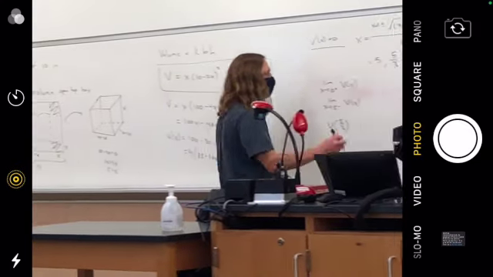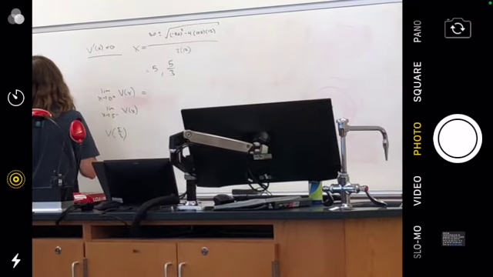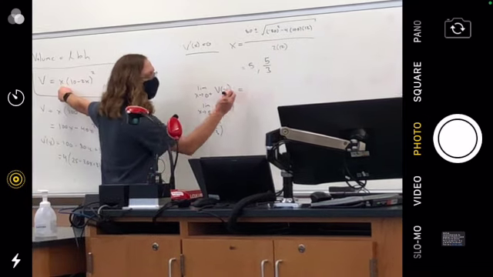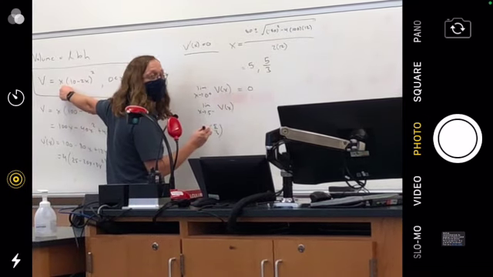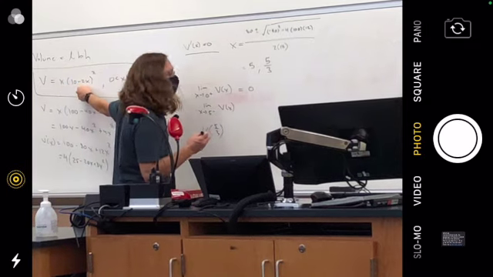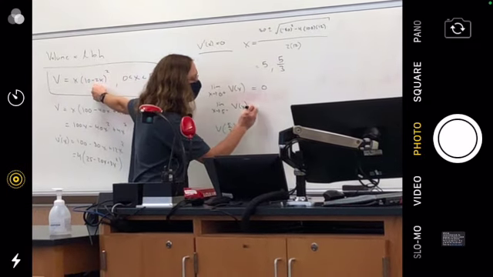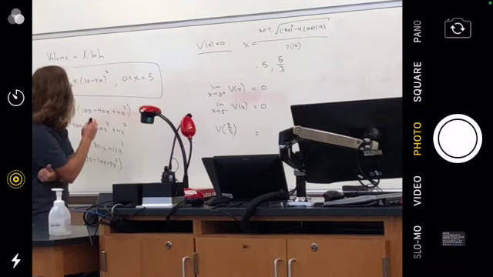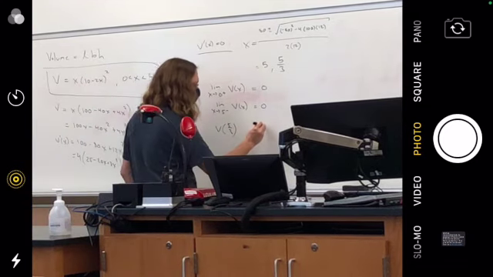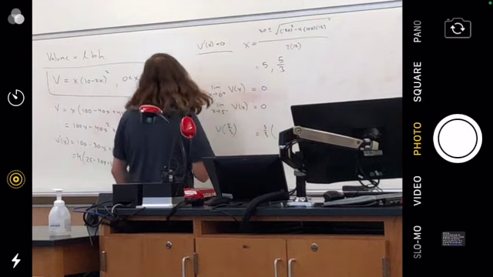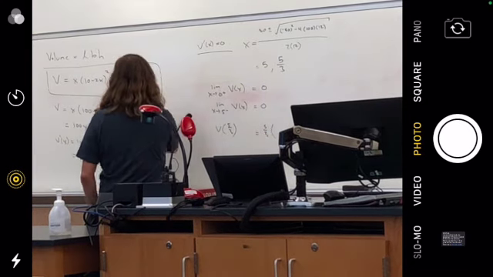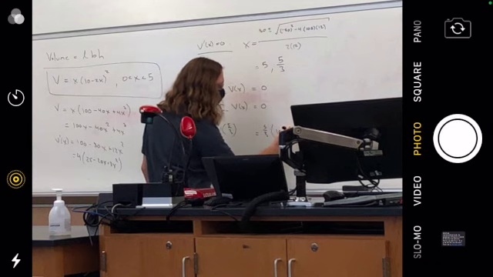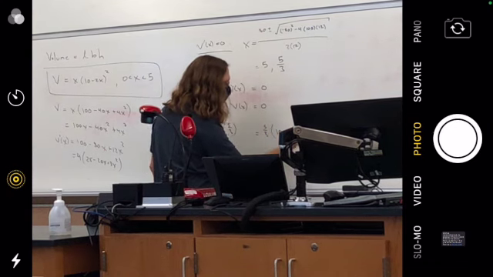Alright, so what do I get? Take this one as I go to 0. Volume would be 0. What about when I plug in 5? Should be 10 minus 10, so I'd get 0. And then what's V of 5/3? That would give me 5/3 times 10 minus 2 times 5/3 squared.